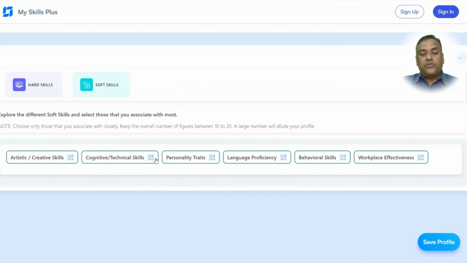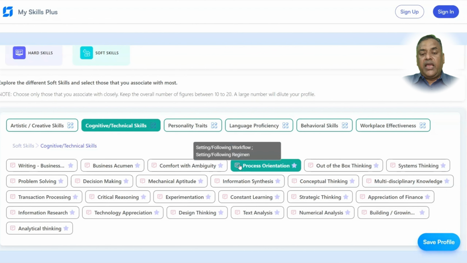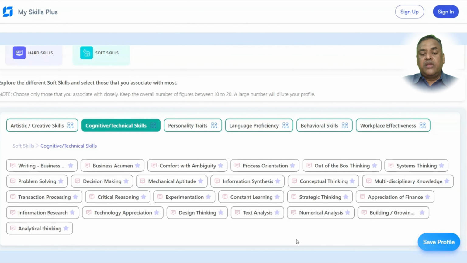Okay, let's go forward and look at some of those sub layers or sub skills within each of those categories. So we can see here the different cognitive or thinking skills, right? And again, we may be proficient in some. We can't say that all of us have all the skills or we don't have, but it is important to understand what are our five, six strengths within the many thinking skills.